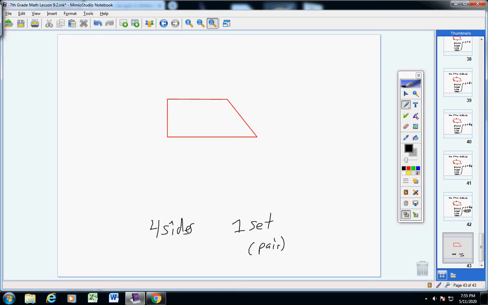So yes, it is a trapezoid. So let me sketch over this trapezoid here. Pretend I cut out an exact replica of this trapezoid, and then I flipped it and I put it right here.